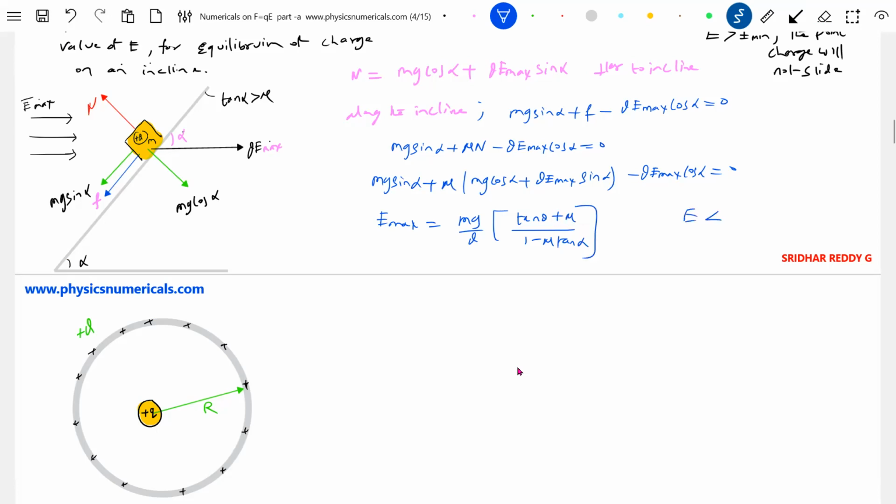So what is the condition? If E is less than E max, yes, it can be in equilibrium. If the horizontal electrostatic field is less than E max, the charged particle will be in equilibrium.